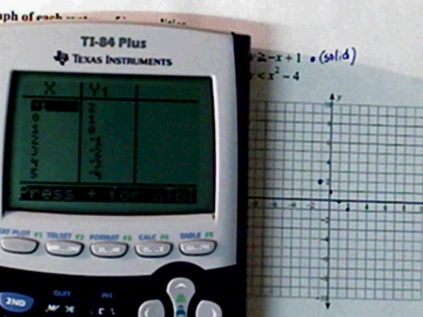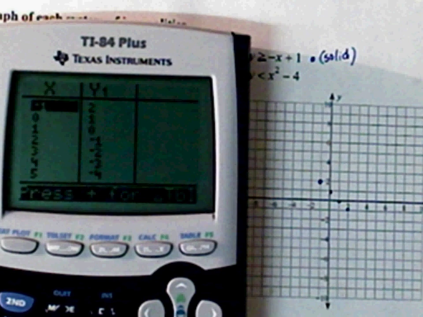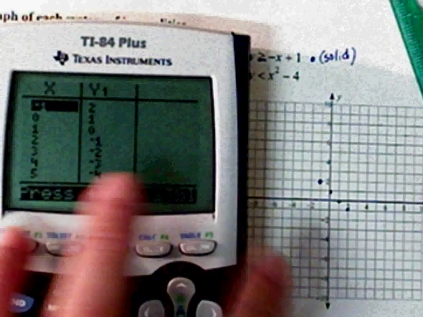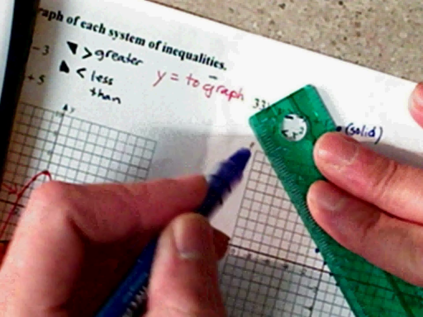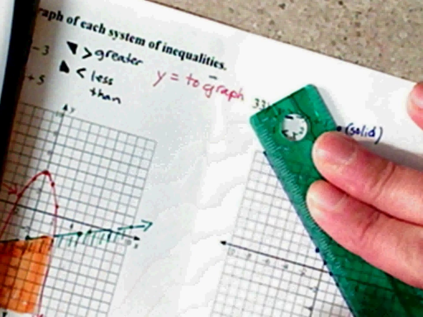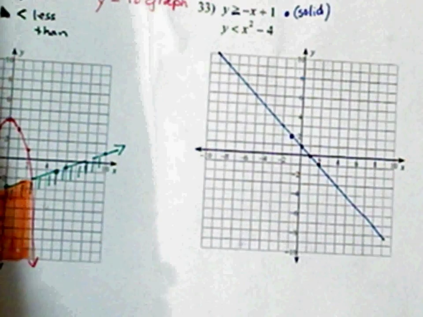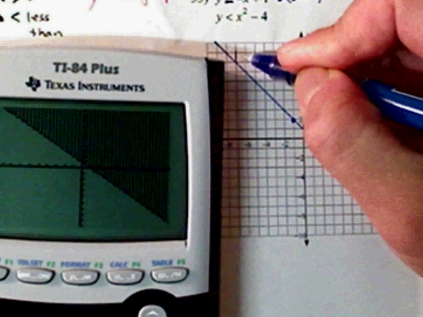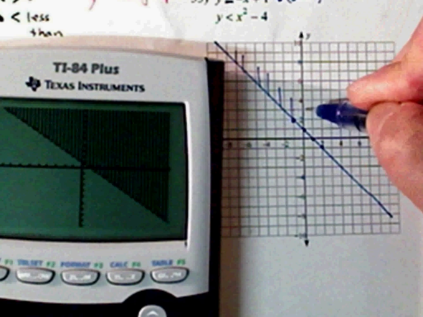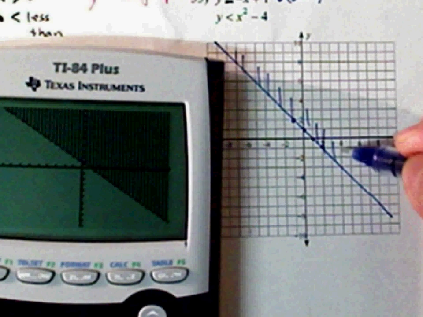Okay? Grab a ruler, connect your points, solid line. Now, if you look on your calculator, see which way it graphed. It graphed everything above. So I'm going to just do a little line to let me see. Okay.